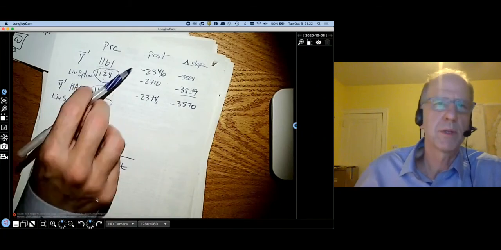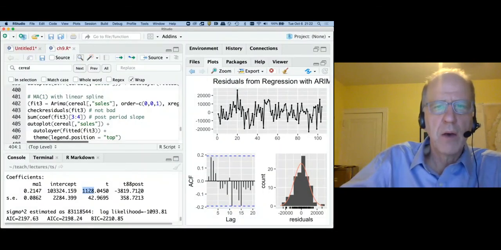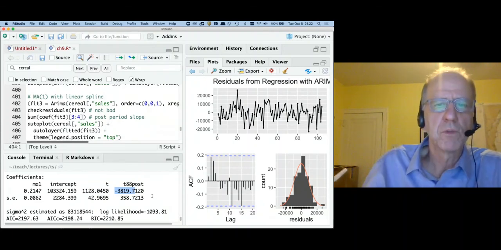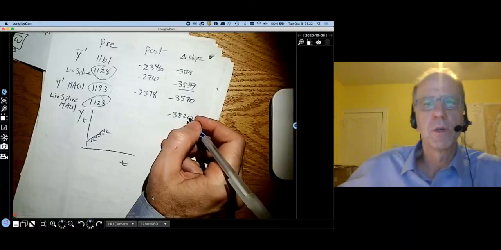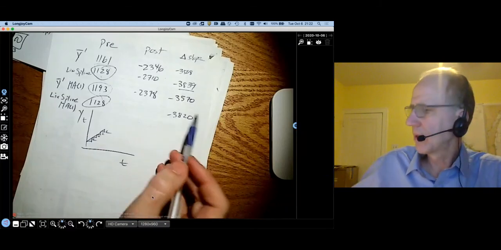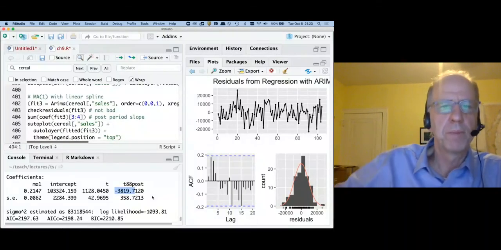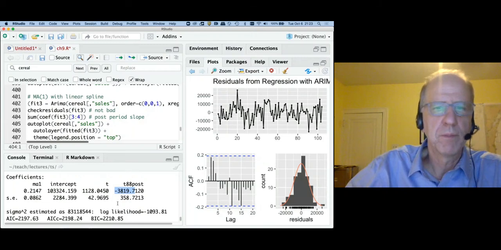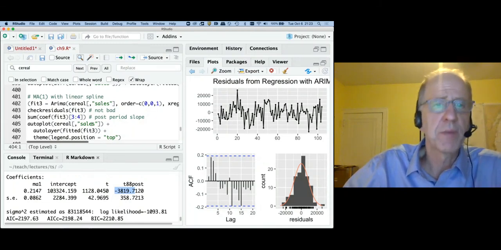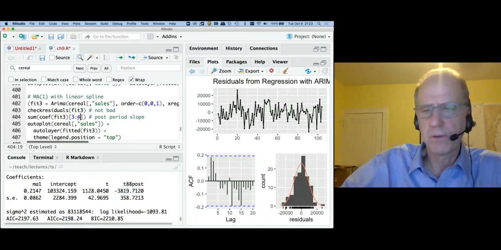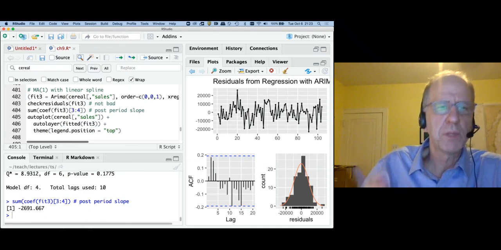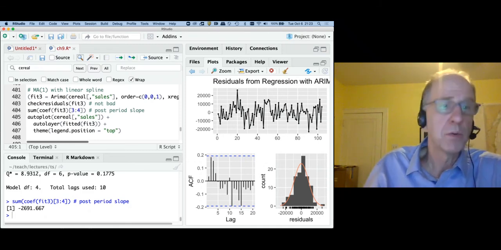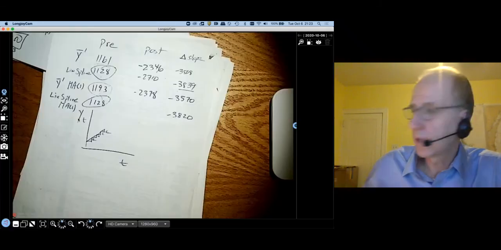So it doesn't surprise me that those two are the same. Our change in slopes is a little bit different, so minus 3820, if we round correctly. That is a little bit different than what I had before, but remember, these are in thousands, so it's not that big of a difference. And if I find the sum, this would be the slope in the post period, so minus 2692.